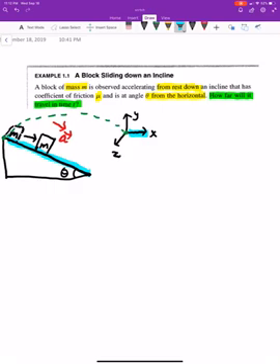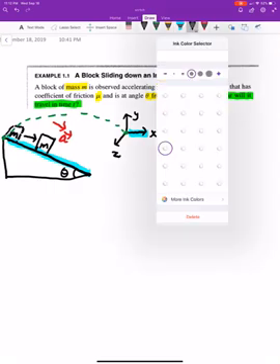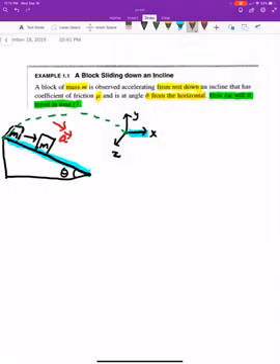And then perpendicular from that, I'll do that in orange. It's like our y. That's this part. And there's nothing happening in the z direction, obviously.